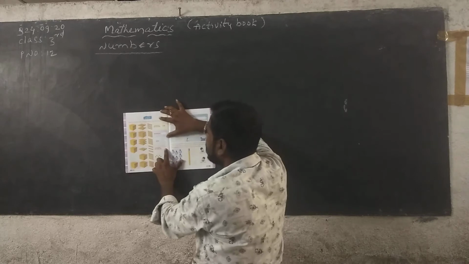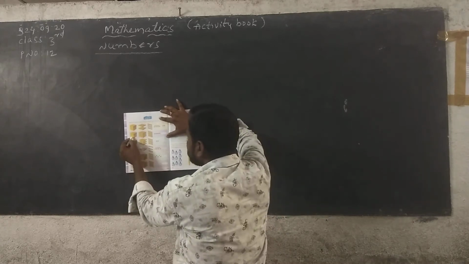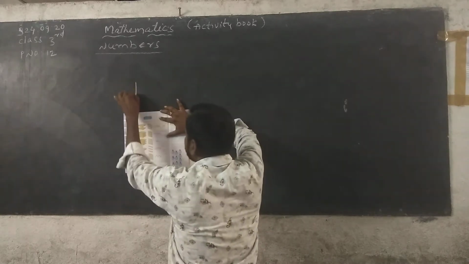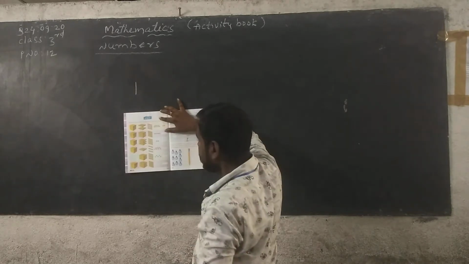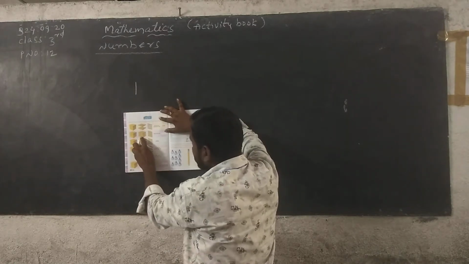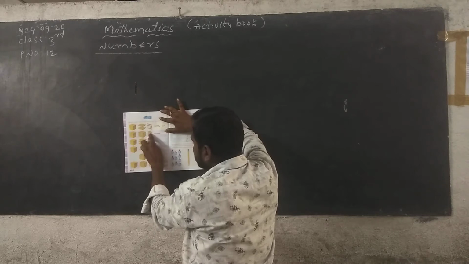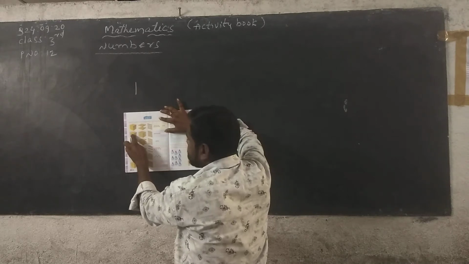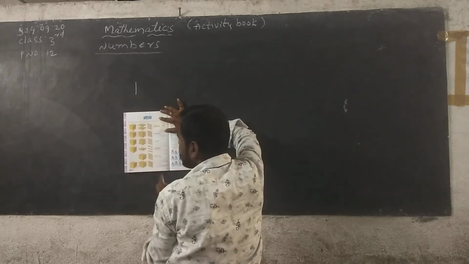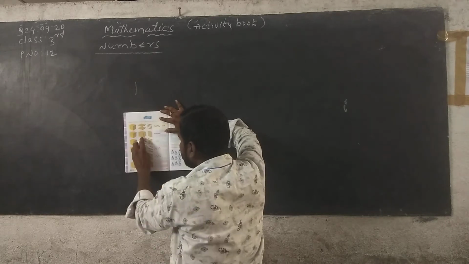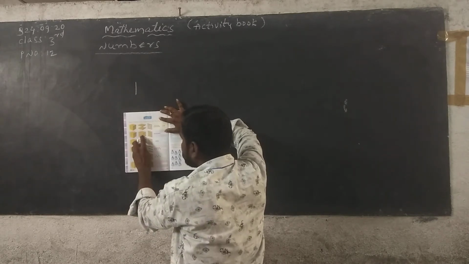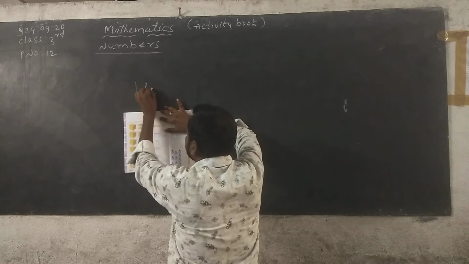See, listen carefully. Here 1. Next here how many are there? Ones place, tens place, hundreds place, thousands place. In thousands place one picture is given. In hundreds place how many are there? Count 1, 2, 3, 4. You can write 4.